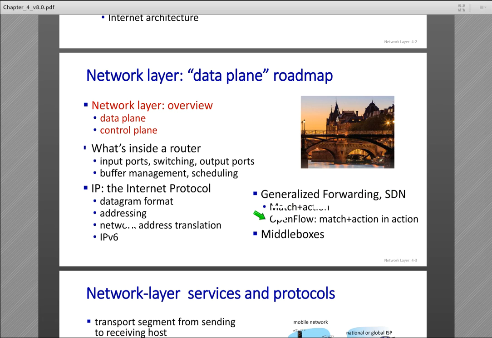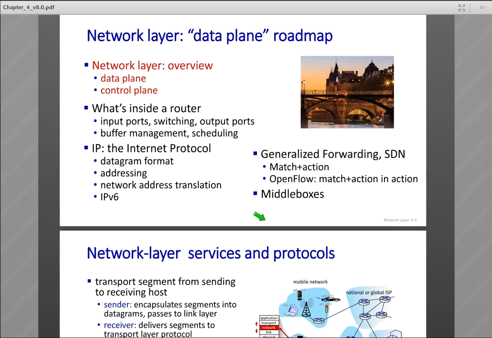This is the main and the newest topic in the network layer. We have to talk about SDN, software-defined networking, because it's the future of computer networks. So we have to talk about how it works, and what, for example, the OpenFlow protocol is.